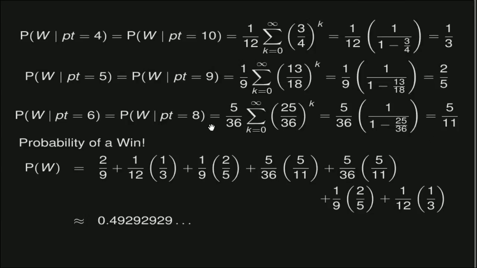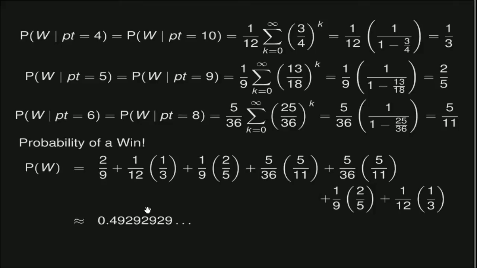So now, what is the probability of actually winning a game of craps? If we look at all possible ways that we can win, there's the probability of winning on the come out roll, we get 2/9. Or we're going to establish a point, so here's one term for each of the possible point values, with the probabilities we've put in here.